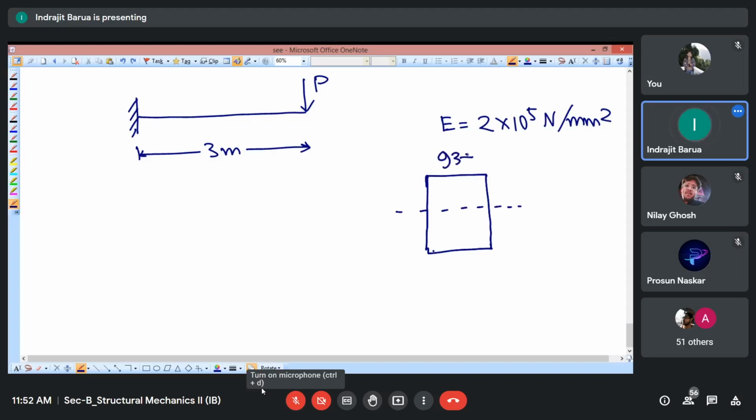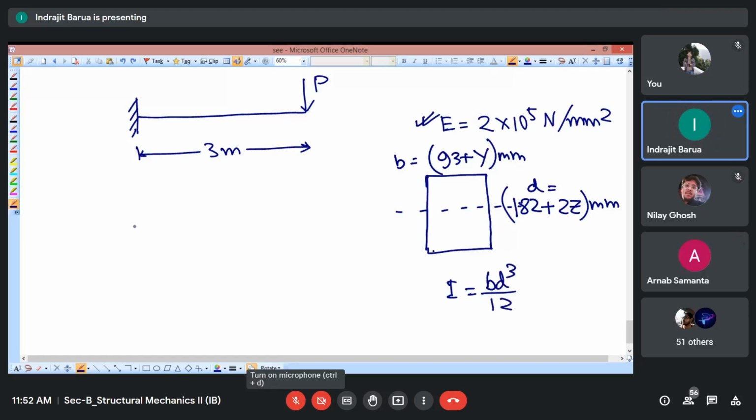So 93 plus y millimeter, and this dimension d is 182 plus 2z millimeter. So basically this is b, right? And this is d. So I am telling you, you will get E from here, and I from here. What is I for a rectangular section? bd cube by 12. Yes.